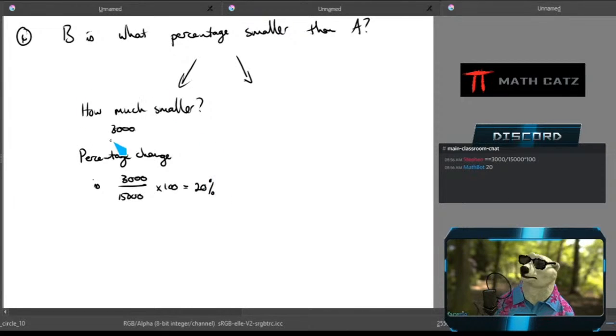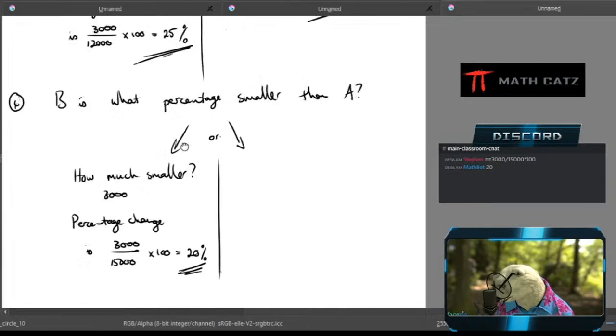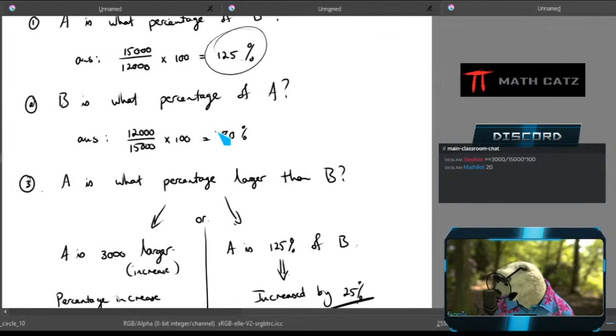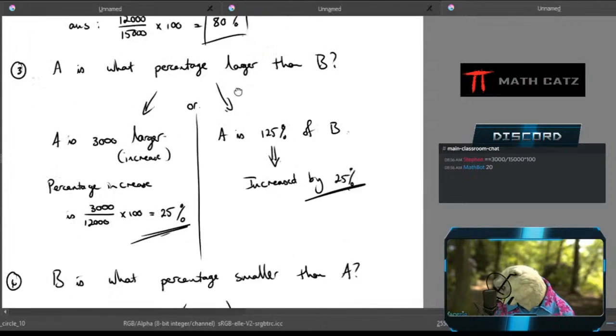So if I focus on the change amount, make that a percentage, of course, I have to take care what goes where. Then I get my answer. Or I could notice, well, I've done some work already here, in that I've seen what percentage is B of A. It's 80%. Let's just write that down.